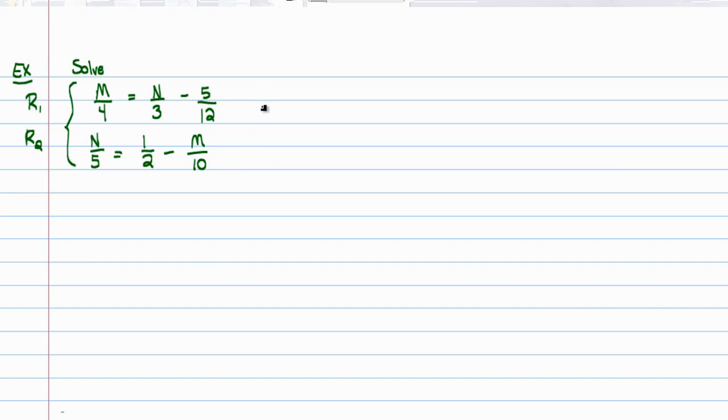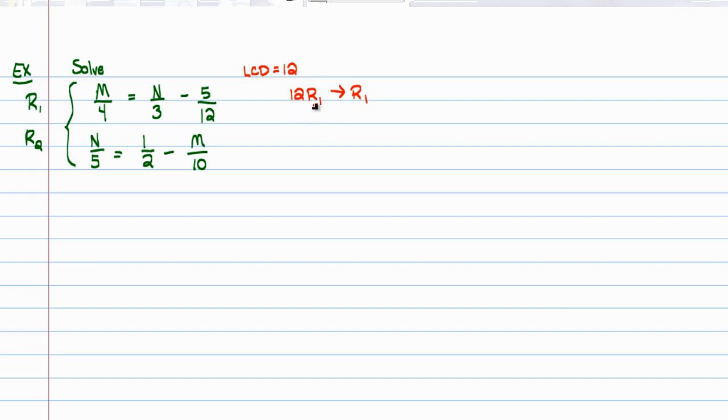First step is always, if I have an equation with fractions, to clear fractions. So the LCD for that top equation, I'll just write it above it, is 12. That's what all the denominators in that top equation divide nicely into. So I'm going to multiply the top equation by 12. In other words, 12 times row 1 will become the new row 1. That's a great way to write it down because then you don't have a mess all over the paper.